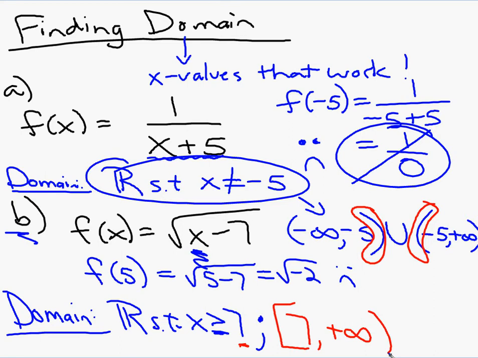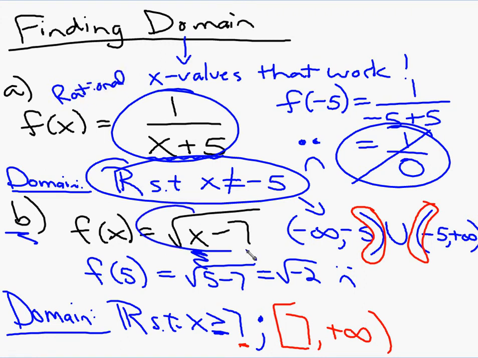All right? So there's basically two situations to look for. There is the rational function. Remember we talked about these. This is a rational function. And then there's the square root. Okay?